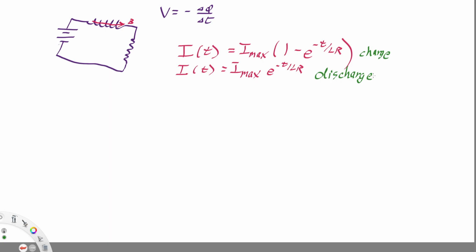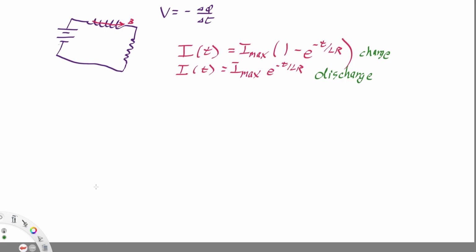Questions or comments here? You're not actually going to do an LR circuits lab. There's one in your lab manual, but I don't think you're going to actually do it. What you will do is an RLC circuit.